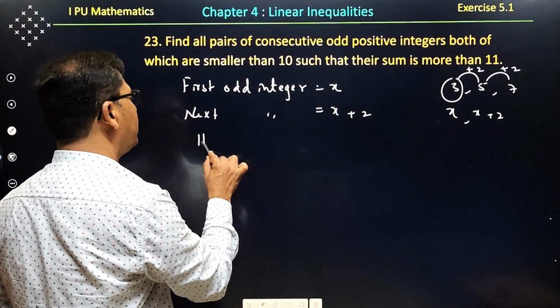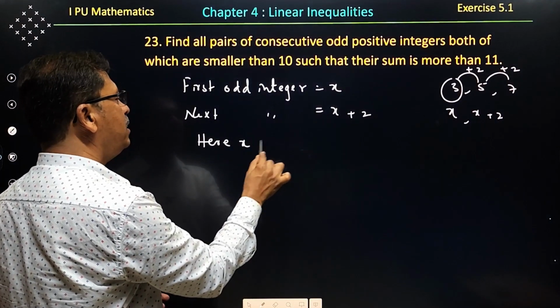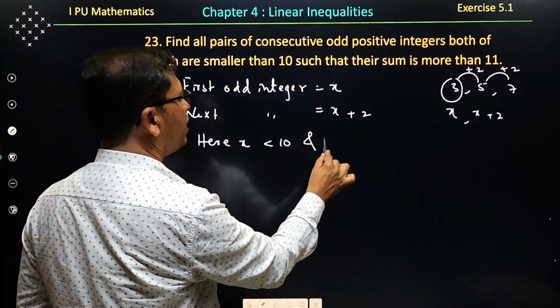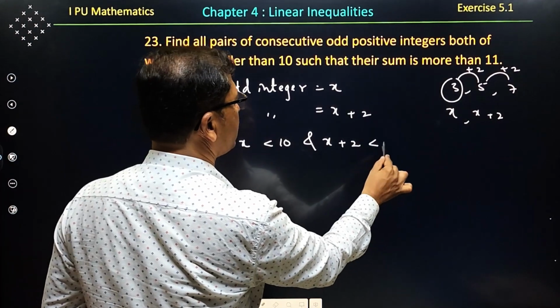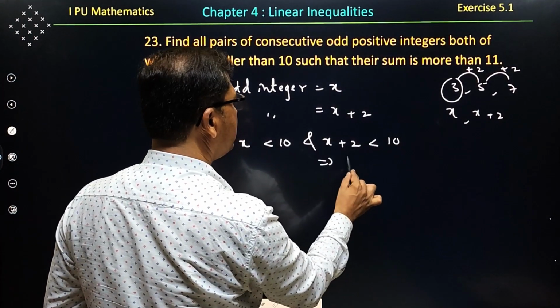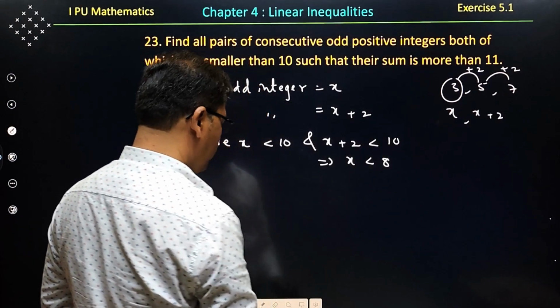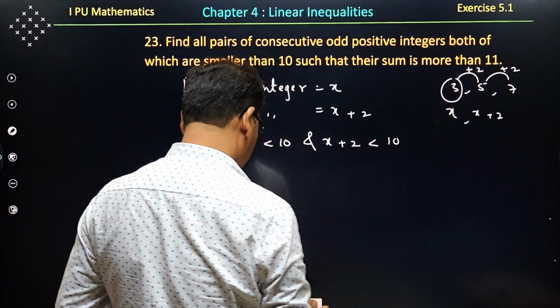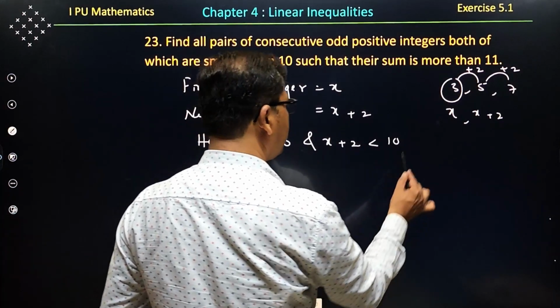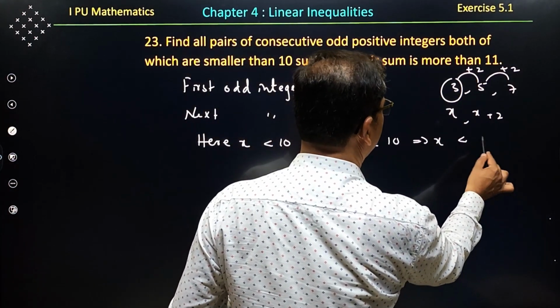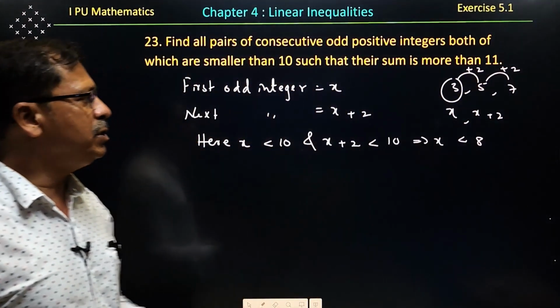Here one condition, x is less than 10, and secondly x plus 2, this is also less than 10. It means x is less than 8, 10 minus 2, shift to that side, it is 8. Here only I would like to write in the first line, this implies x is less than 8. 10 minus 2 leads to 8 here.